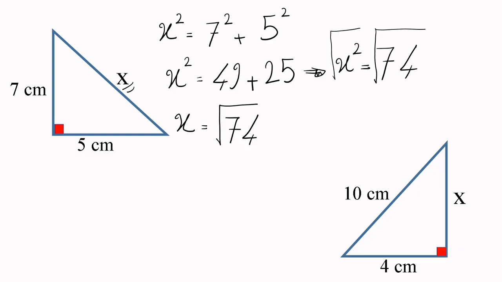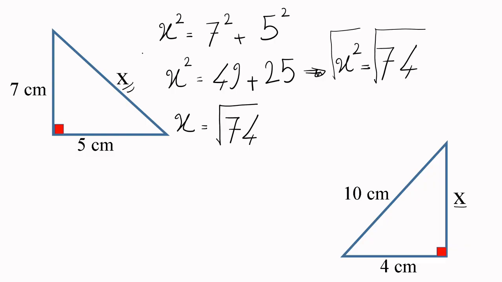For example, the square root of 74 would be between 8 and 9, so you can assume that this is 8.5. It's totally up to you. But here I'm gonna accept radical 74 because the answer of that is not a whole number.